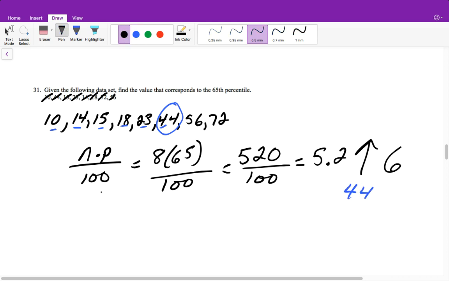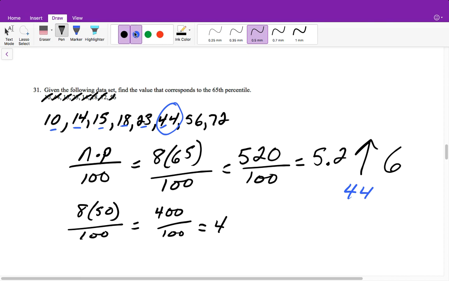Now, had it asked for our 50th percentile, we would do 8 times 50 divided by 100. Well, 8 times 50 is 400. Divided by 100 is 4. Remember, if this is a whole number, we can't round up, but what we do is we go to that number, which is 1, 2, 3, 4. We take the 4th number and the number after it and find the average.